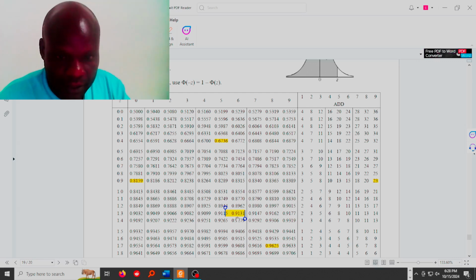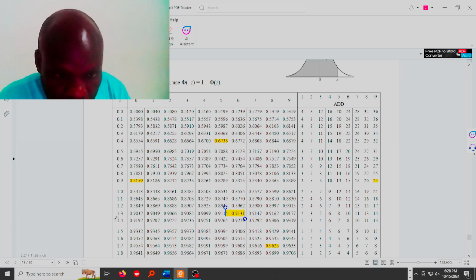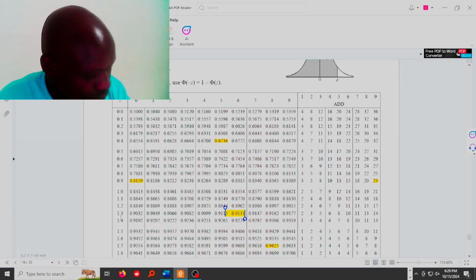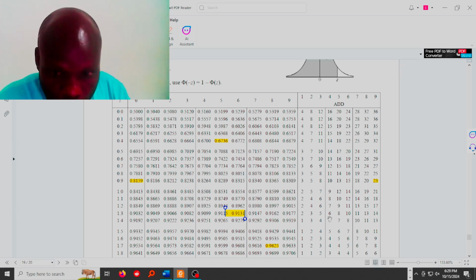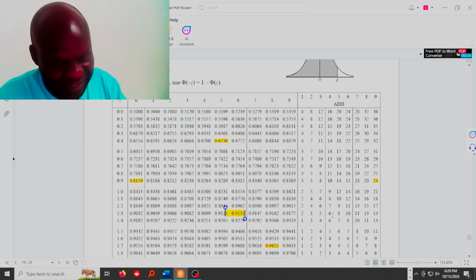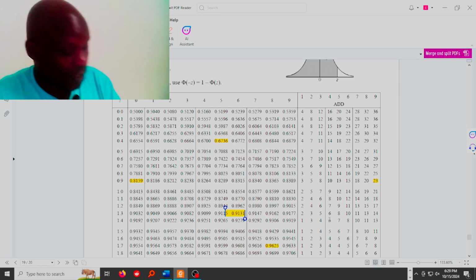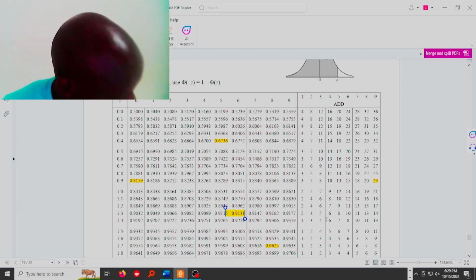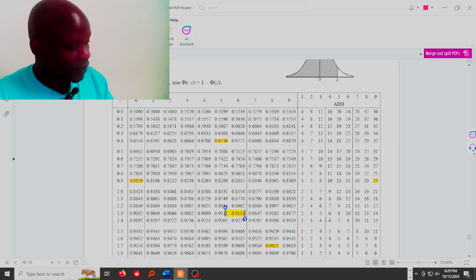So there, that gives me 0.913. 1.36 is here, but then I take 4, another 6. So that gives me 0.9137. That's what I get as the corresponding probability. In our case, it's 0.9131.